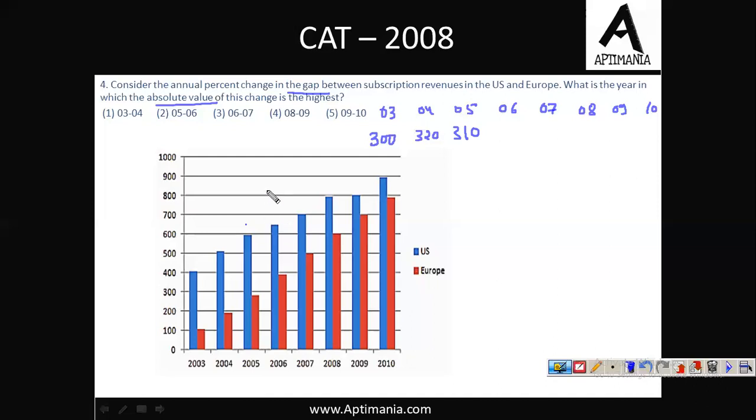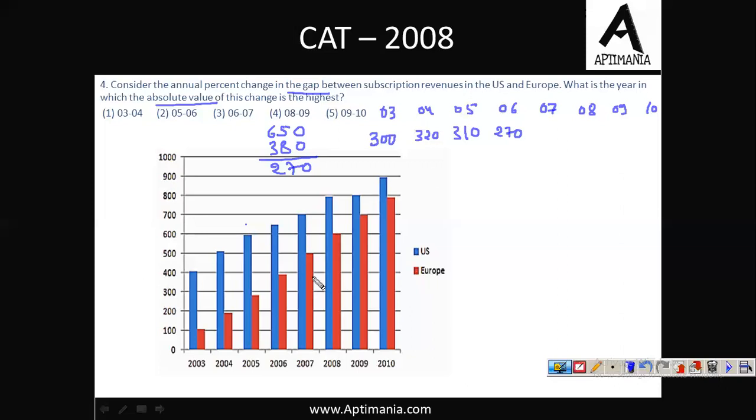So the first value I have taken is 650 and the next value we have taken to be 380. So the difference is approximately equal to how much? Okay, so the difference is 270. Fine. So here the difference is 270.